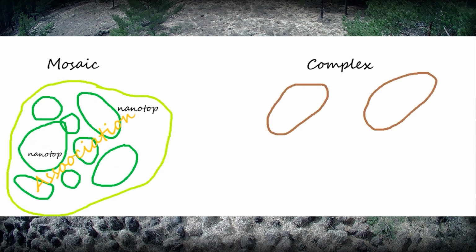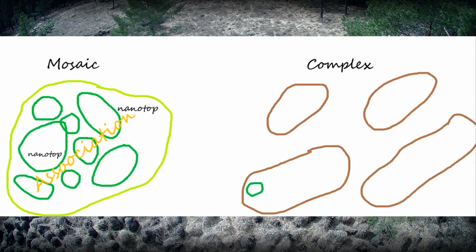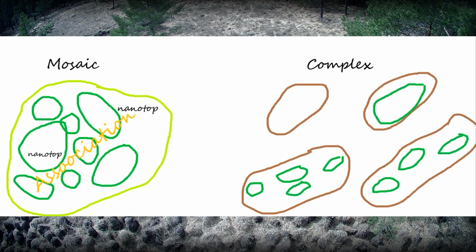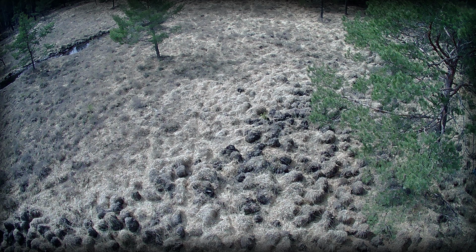The complex of phytocoenosis comes up when the units of spatial diversity have so different conditions that their vegetation is classified as different associations. It means that the vegetation of hammocks and hollows is so different that they belong to different associations. Clear. Here we have the example of mosaic. Hammocks and flat parts belong to the same vegetation class or association.